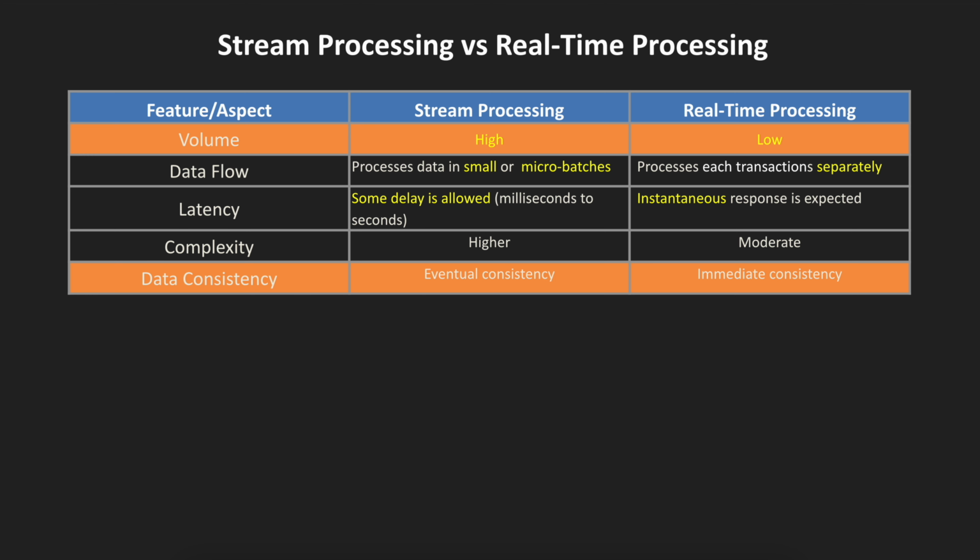The consistency will also be different. In stream processing, eventual consistency is expected behavior. But in real-time processing, we expect immediate consistency, because we need to notify the user as soon as we receive the transaction. So no delay should be there.